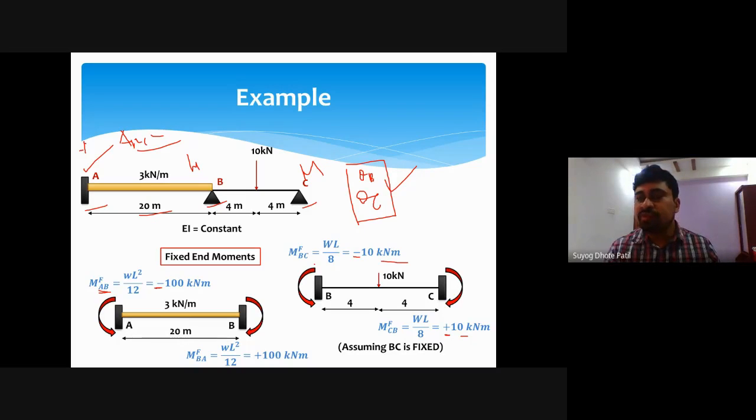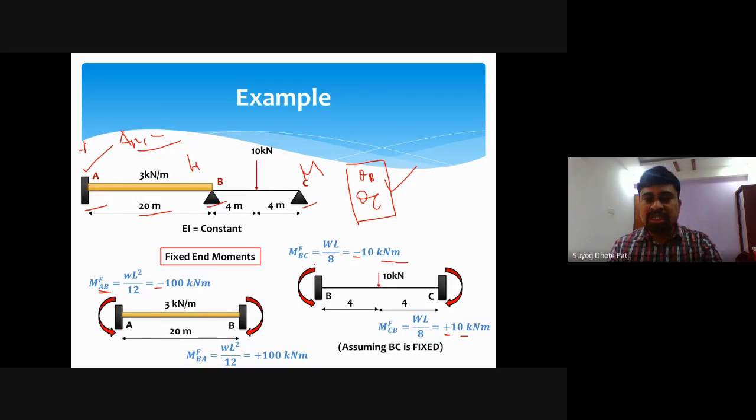And the second equation will be what? If I consider joint C, the moment at joint C is 0. So the contribution of this joint moment over member BC, MCB, will be equal to 0.